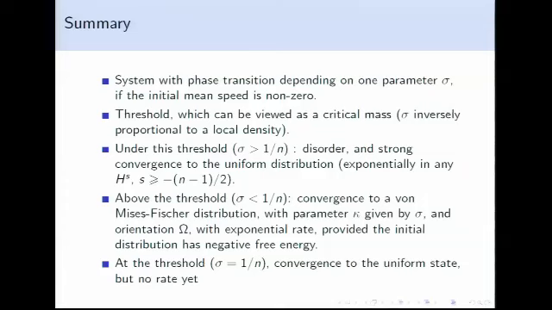Beyond this threshold, the disordered state, a uniform distribution, is unique, and you have strong convergence in any norm, exponentially and globally, independent of initial data, to the equilibrium state. Below it, with Lasserre, once you run long enough and are close enough to equilibrium, you get exponential decay to the states.